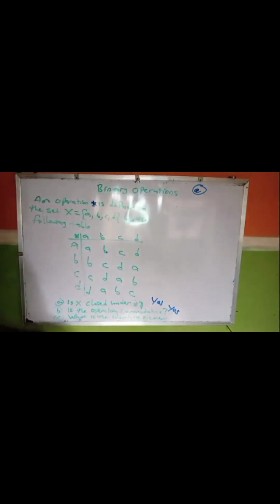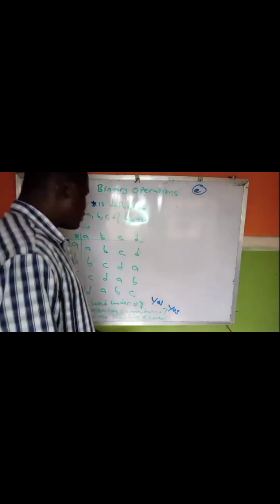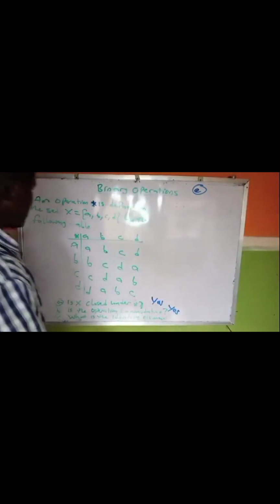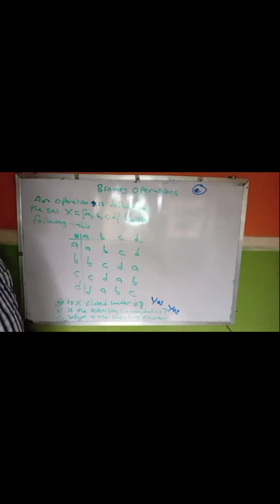Then coming back to this one. What is the identity element? You want to look at an element that you multiply with another that gives you the same element. That's what we mean by identity element.